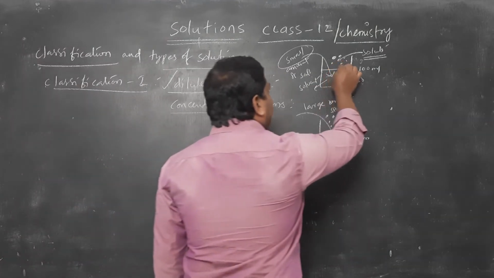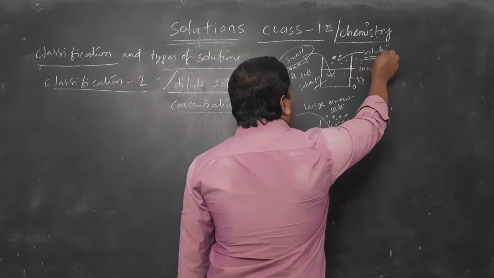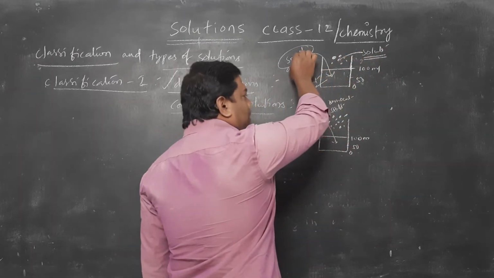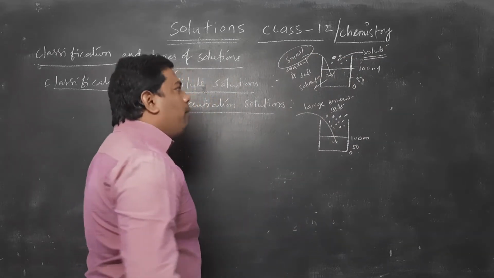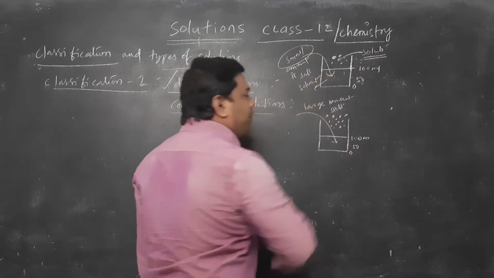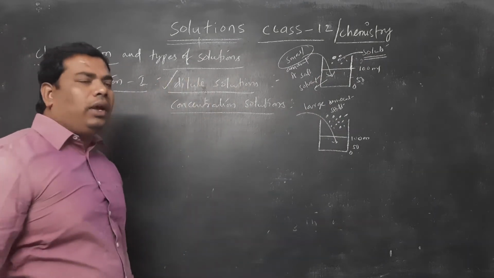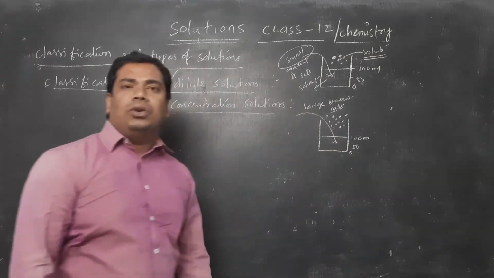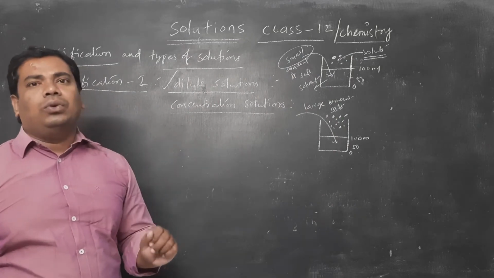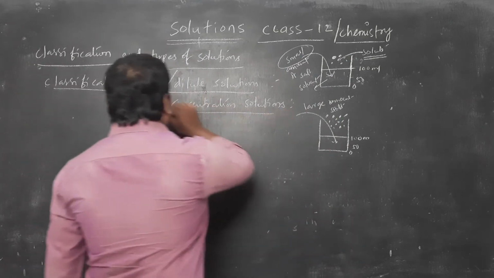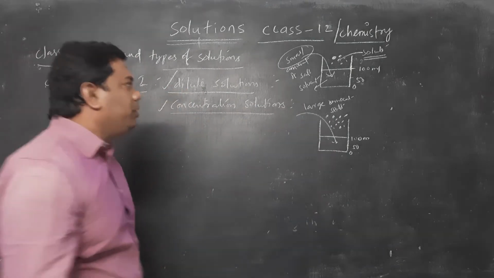A solution in which the amount of solute is relatively small when compared to the amount of solvent in the given mass is called a dilute solution. Is it clear, students? Right? So in a dilute solution, the amount of solute is small.